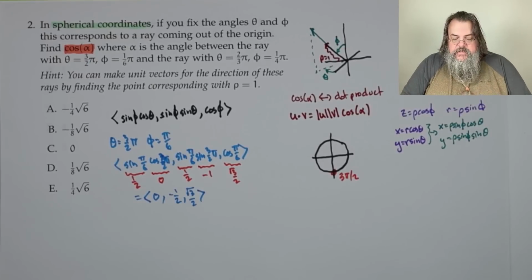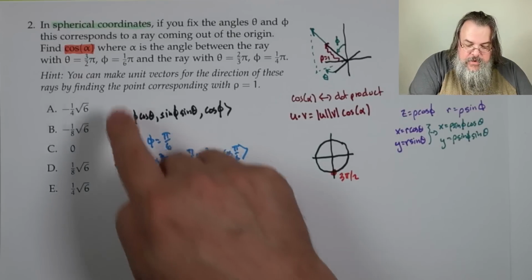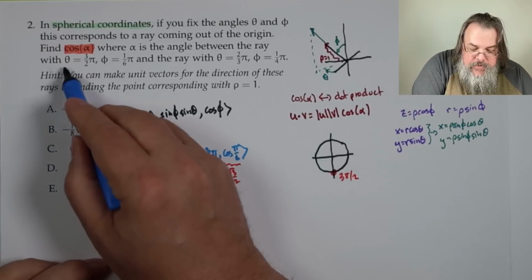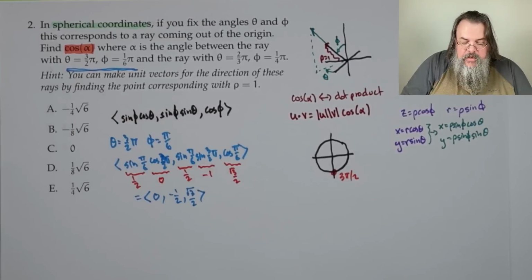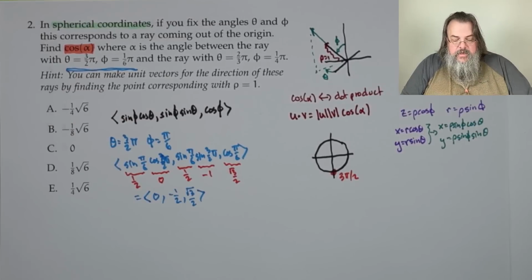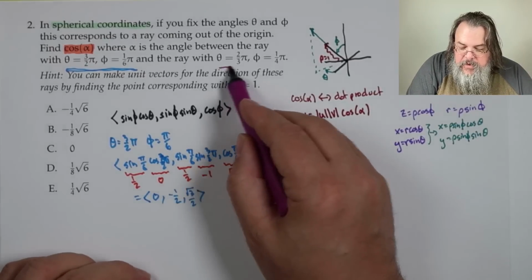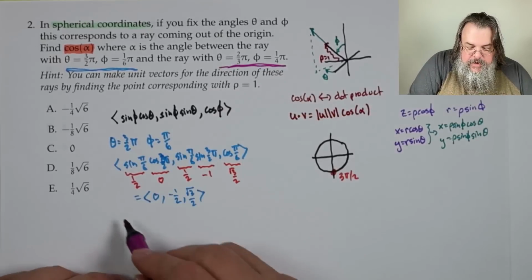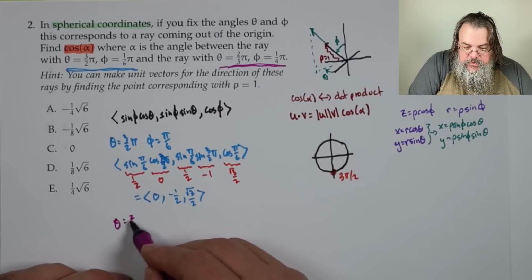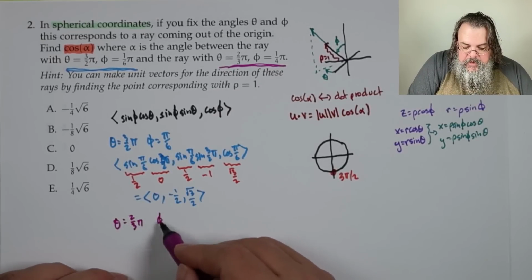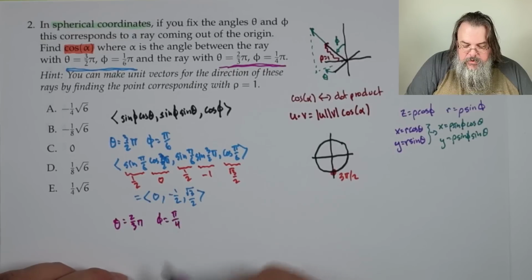All right, so that's the first one. Okay, so to emphasize, that's the one we just did. Now, we're going to do the same thing again, but with the other one. All right, so let's do this one. Okay, so we have theta equals 2/3 pi, and phi equals pi over 4.